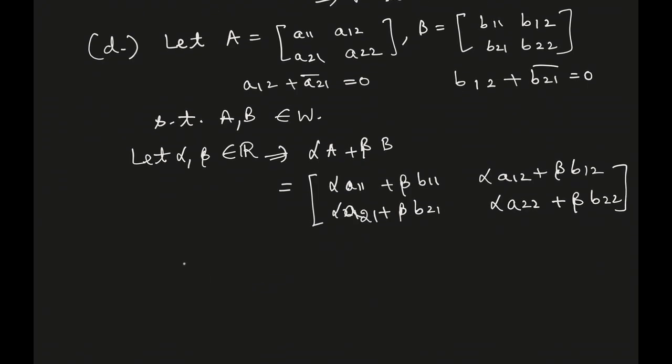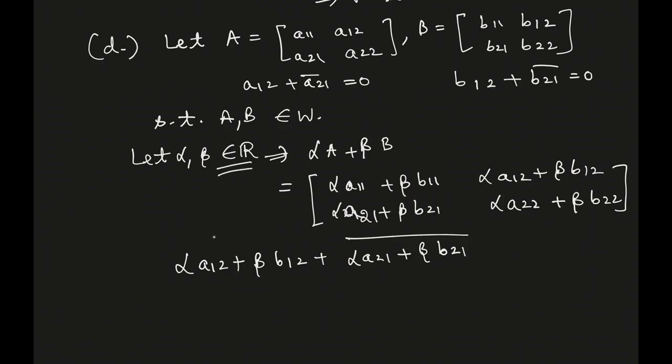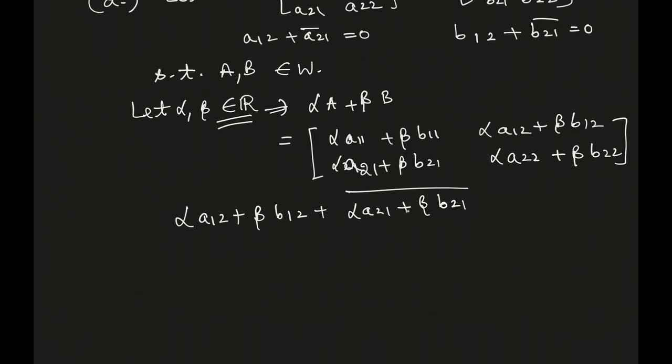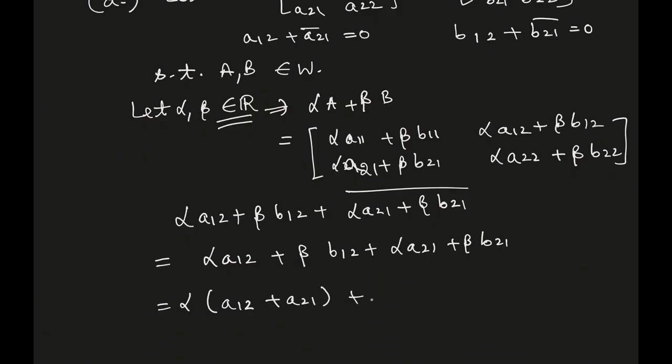So alpha A12 plus beta B12 plus the conjugate of alpha A21 plus beta B21. Now we are talking in real numbers, so this will be real only. I can take alpha common: alpha times (A12 plus A21) plus beta times (B12 plus B21).